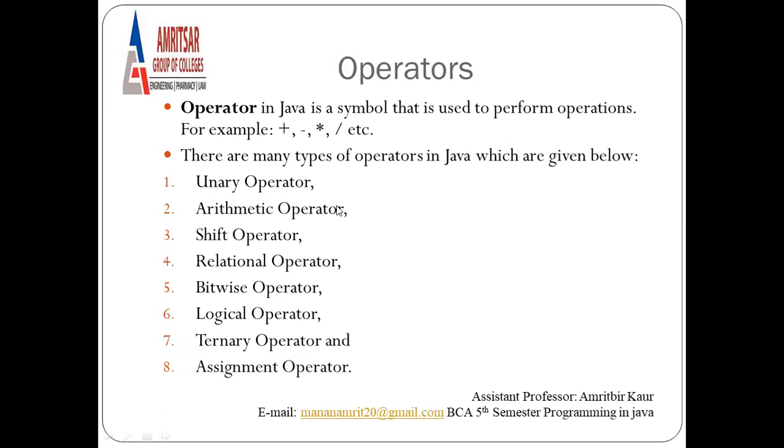We will study these types in our topic on operators. Here we just learn what an operator is and the types of operators. Basically, an operator is used to perform a specific operation. For example, plus is used for addition, minus is used for subtraction.